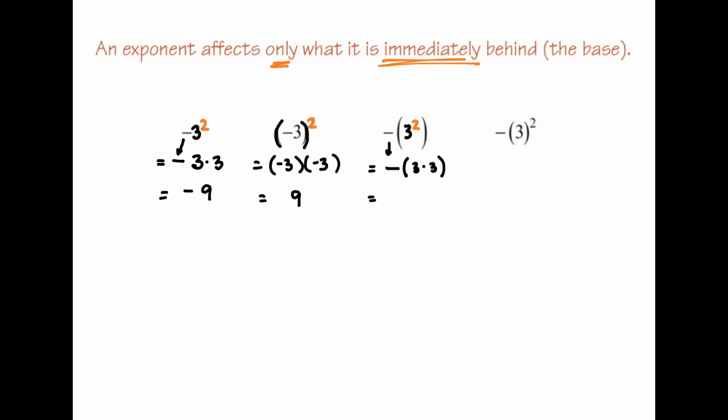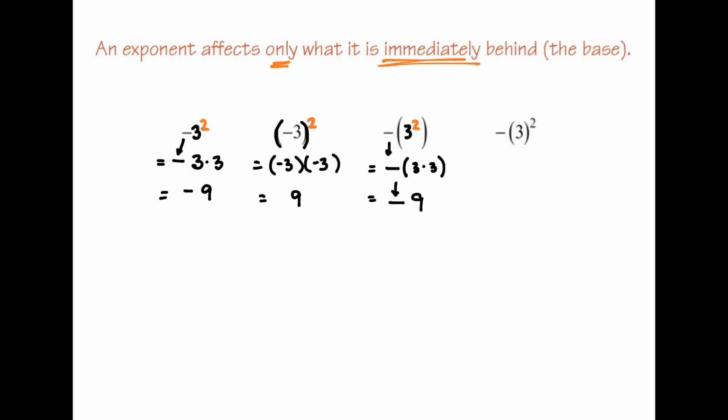So the negative is still going to come down. 3 times 3 is 9. So those parentheses really are not necessary. That problem here is basically this problem here. I could have put parentheses right here and it wouldn't have made a difference.